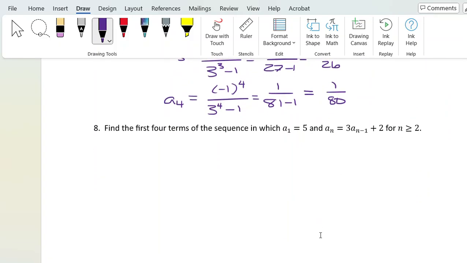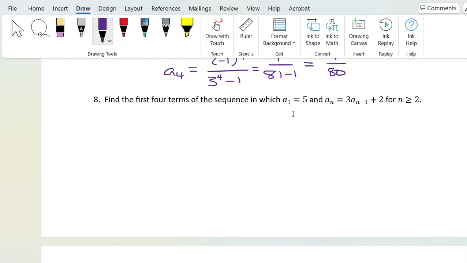In number 8, we have a recursive sequence. So now I have my first term, and I'm given a formula to find the next term from the previous term. So when we have a recursive sequence, the first term is very easy. In this case, it's 5. So they're telling me exactly what it is. Now for my second term.